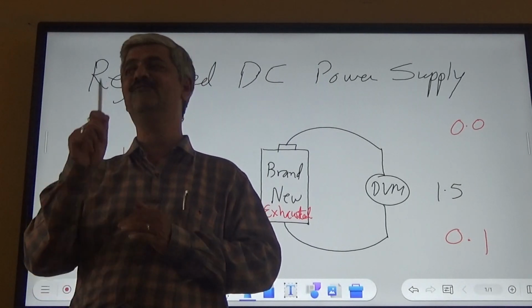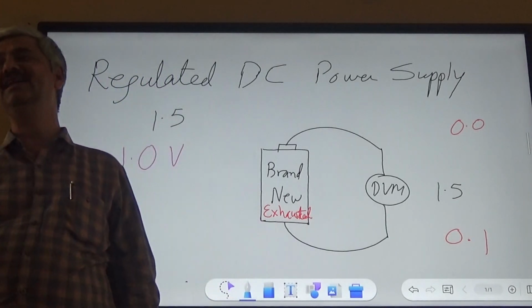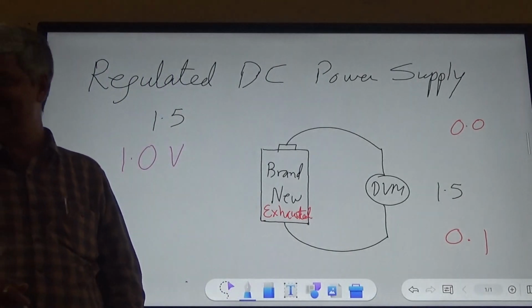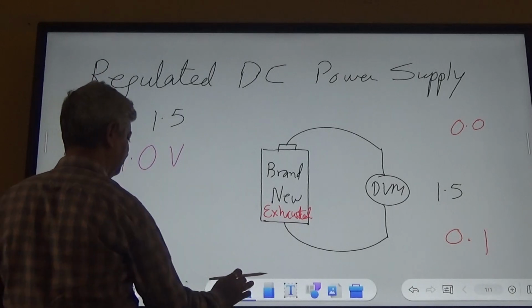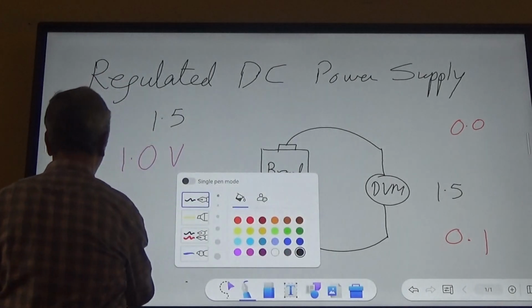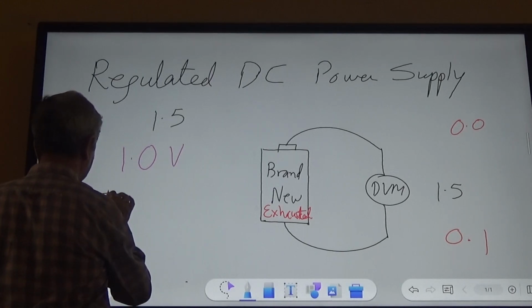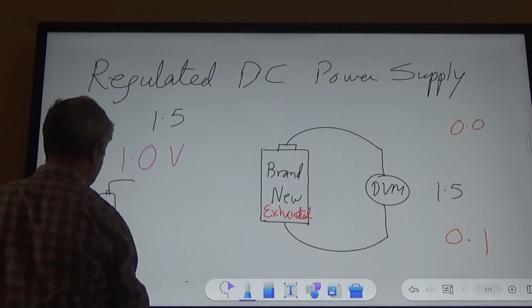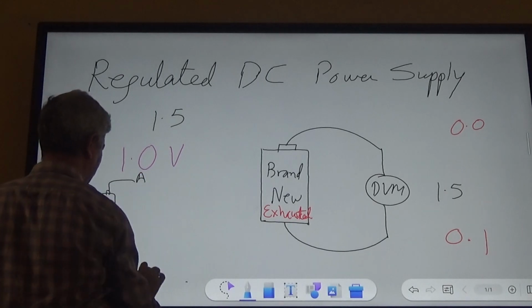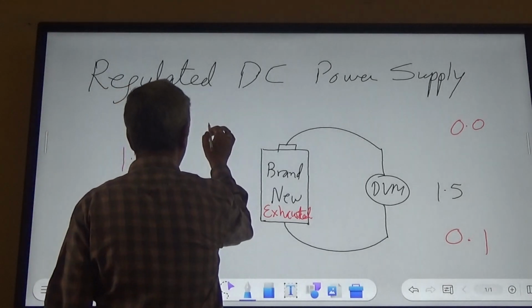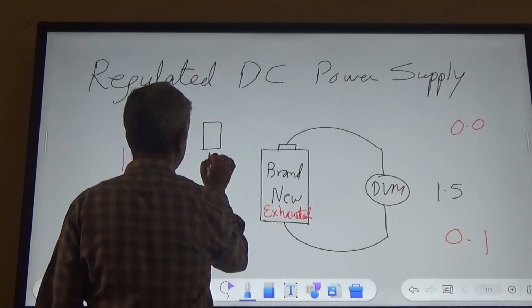Now, if you connect 3 exhausted cells in series, right? 2 good cells in series, A and B, and 3 exhausted cells in series.